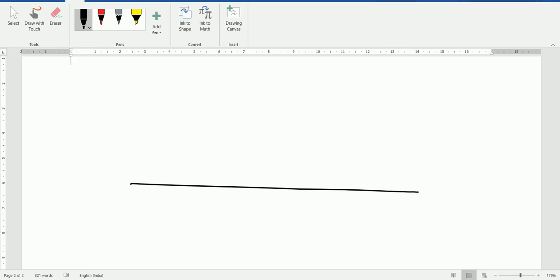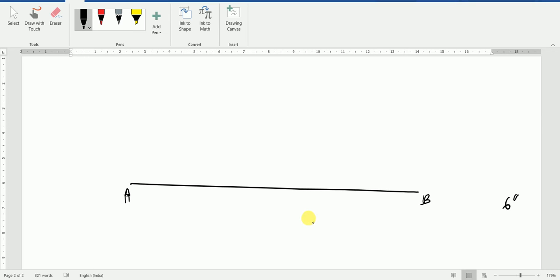So the length of this line should be 6 inch, and this line is named A and B. This is line AB with a length of 6 inch.